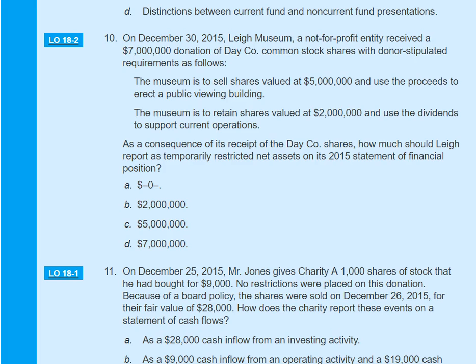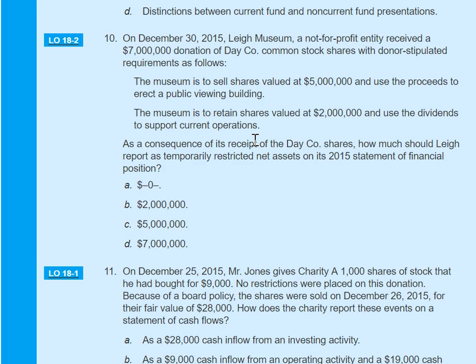Number one is that the museum is to sell 5 million out of these 7 million in shares, and they need to use those proceeds to create a public viewing building. Another restriction is that the remaining $2 million they must retain, and the dividends from those stocks will be used to support current operations.